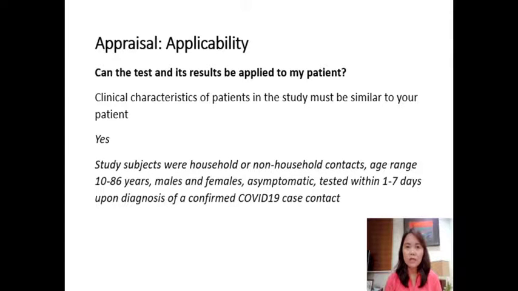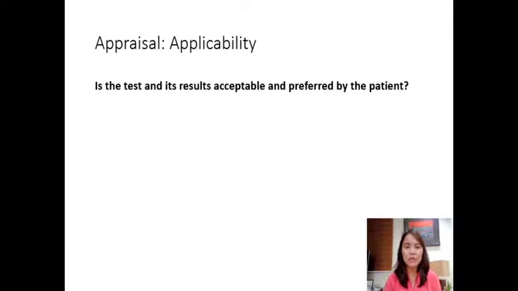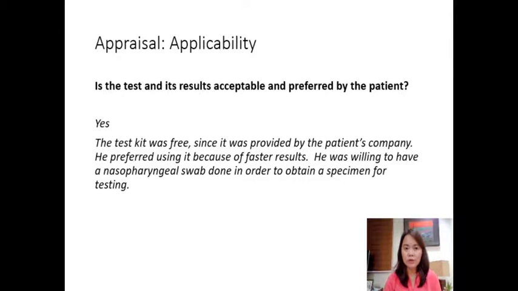For these tests, it's very important to look also at the timing because of the characteristic and pathophysiology of the viral illness. The next question is, is the test and its results acceptable and preferred by the patient? So this was what we were alluding to earlier. So you look at whether the patient is amenable to doing the test because of course as family physicians, we don't just consider the illness or the disease but the patient as a whole and the context from which he comes from.